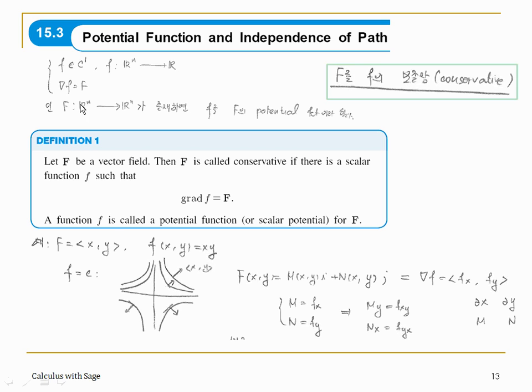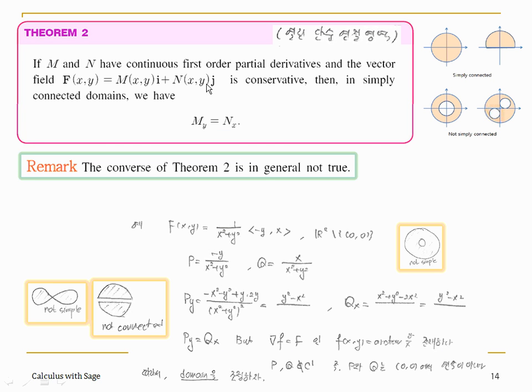So this satisfies the condition that the gradient of f is equal to F. So this F is a conservative vector field, which has a graph like this, y and x. And these will be used later.